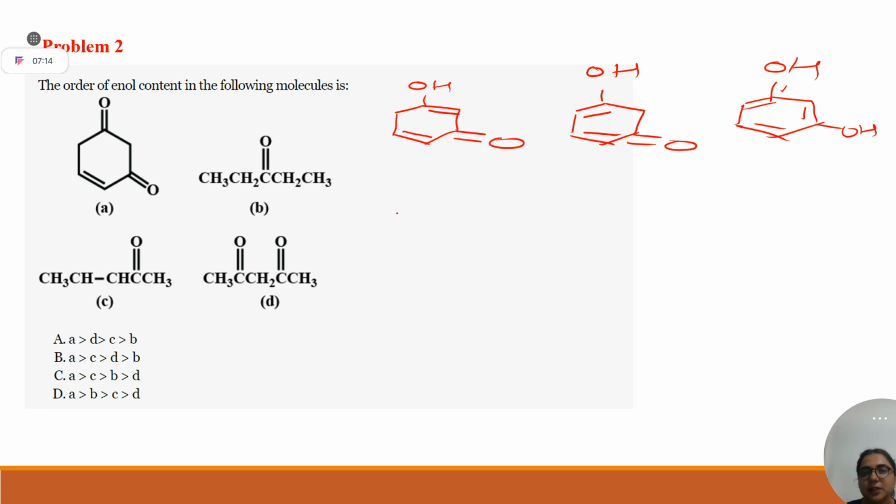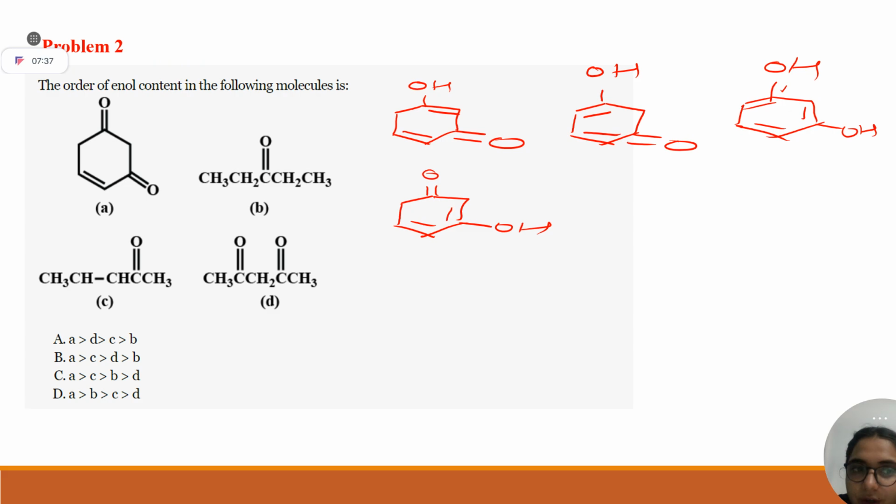Any other possibility you can see of making enol here in A? Is this not possible? Okay, before telling me the answer, just tell me one thing.